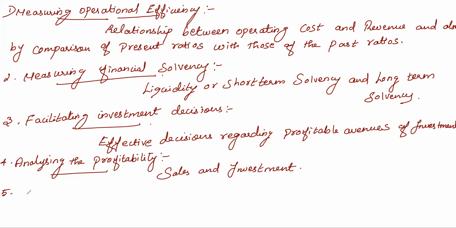Then fifth one, intra-firm comparison. Comparison of efficiency of different divisions of an organization is possible by comparing the relevant ratios. Okay?